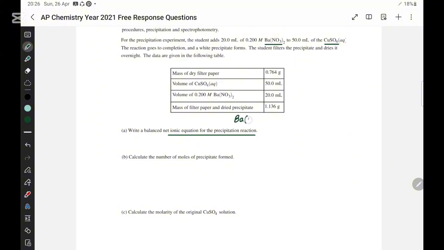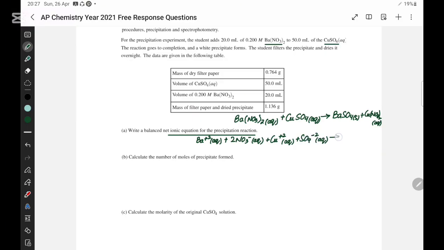When you add barium nitrate, which is a soluble salt in aqueous form, with copper sulfate, also in aqueous form, they form barium sulfate in solid state plus copper nitrate in aqueous form. Splitting the aqueous species: Ba2+ (aq) + 2NO3- (aq) + Cu2+ (aq) + SO4 2- (aq) gives BaSO4 (s) + Cu2+ (aq) + 2NO3- (aq).